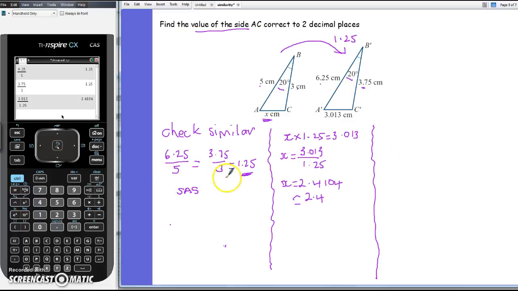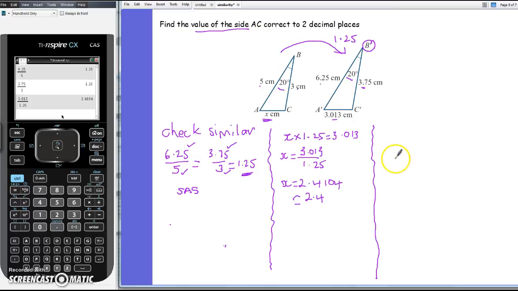Over here we set up our ratios with our corresponding sides, the image over the original, image over the original. So this one here is the image, and it's often denoted by the little apostrophe, like a little dash above the letter, to show that that's the image. So if these are similar, which we have already established, then the corresponding sides involving the x should be in this same ratio.